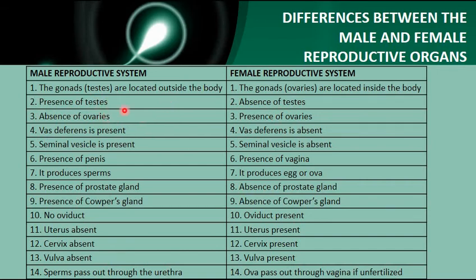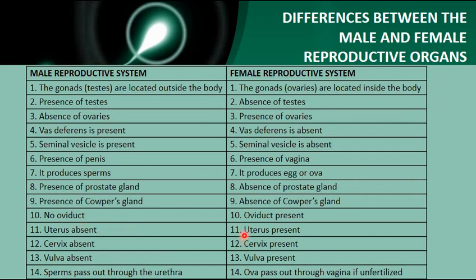Okay. Now, if we look at it too, we see that here we have the prostate gland, but there we don't have a prostate gland. That's normal. We have the Cowper's gland here; there we don't have a Cowper's gland. Here we have no oviduct, but there is an oviduct. Here there is no uterus, but uterus is present there. Cervix is absent here, but present there.